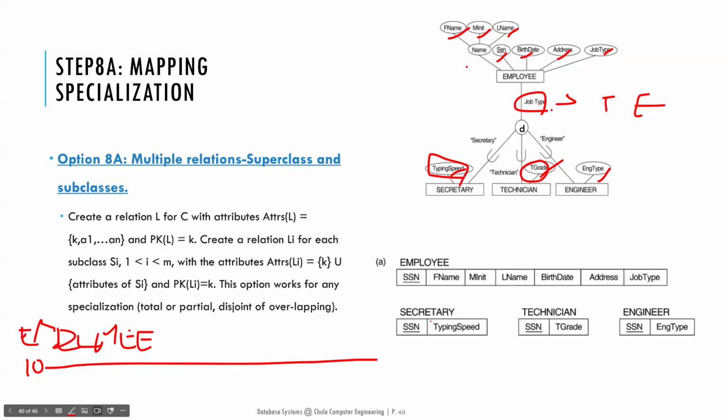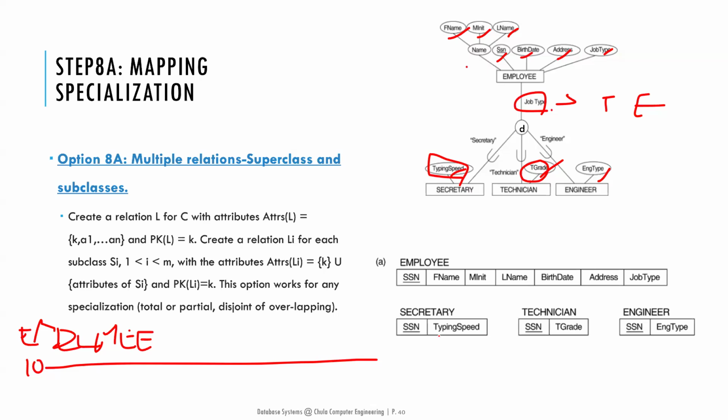For example, for secretary, you have this specific person with typing speed, but you don't have to keep T grade or engineering type for this person. So the space that you use within the database will be different. Which one uses less space? 8A, right? Because you don't have to patch so many nulls together.